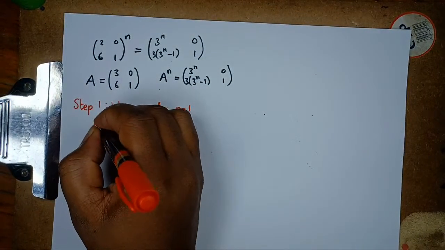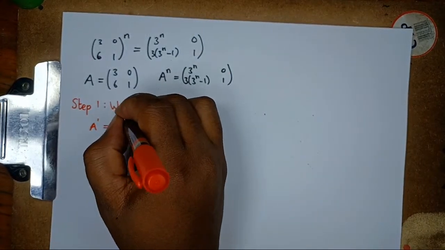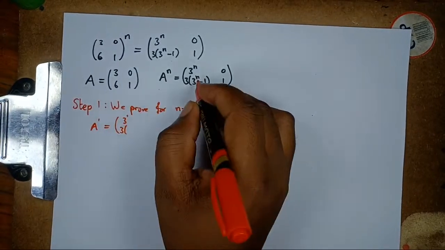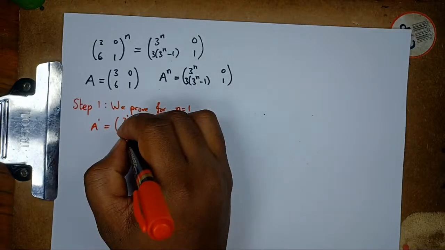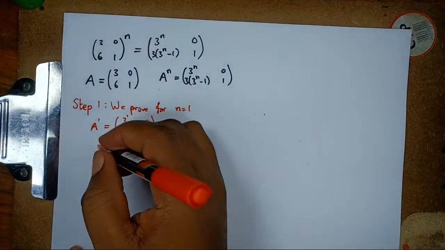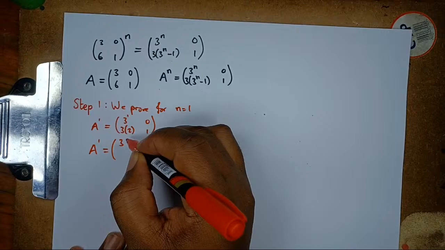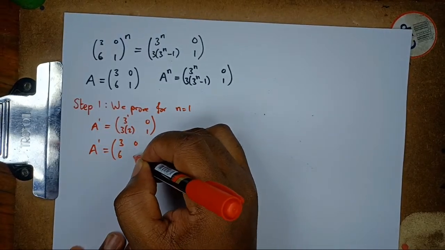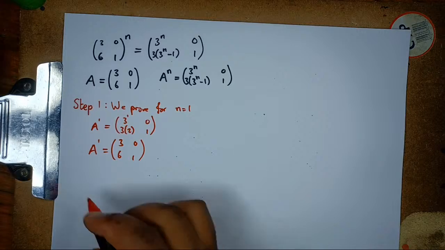So A to the power 1 here is equal to 3 to the power 1, 3 open bracket 3 to the power 1, which is the 3, minus 1, which is a 2, 0, 1, like that. What does this mean? This means that A to the power 1 is equal to 3, 6, 0, 1, which is this matrix here, matrix A. So is this statement true? Yes, it is true. So since step 1 is true, we'll move on to step 2.